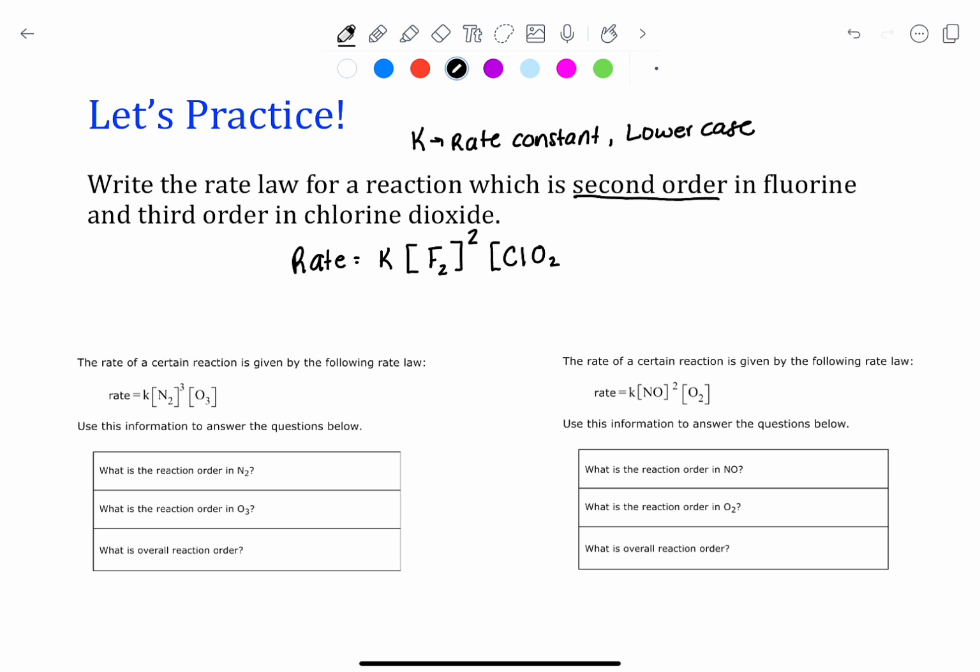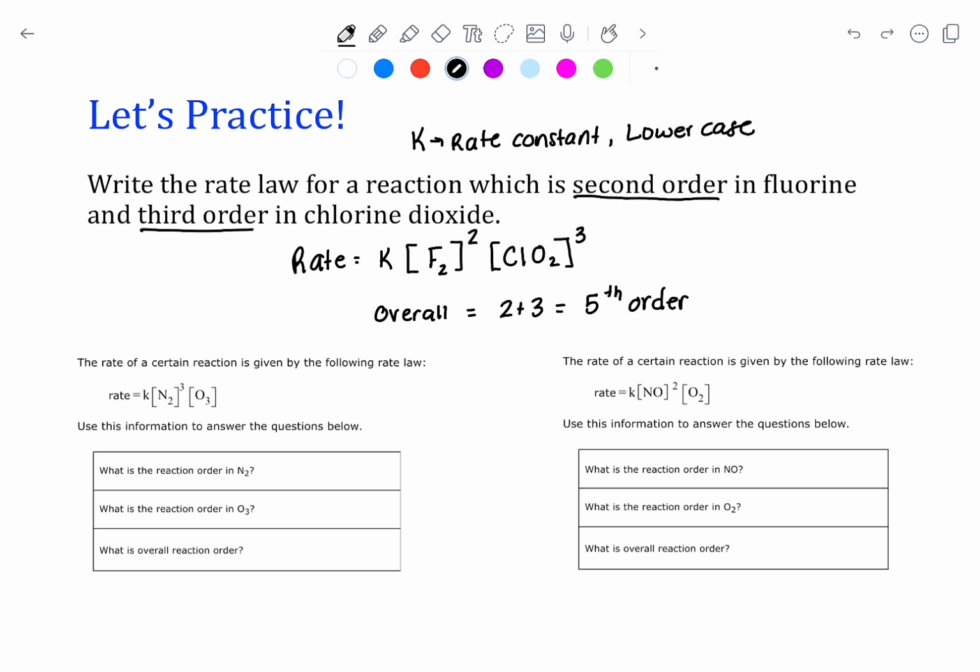Remember, dioxide is 2 oxygens. And that is third order in chlorine dioxide, meaning it is raised to the 3. So the overall reaction order, not that it asks, but it's always good to get the extra practice, would be 2 plus 3. Oops, doing my math early. 2 plus 3, so this is fifth order overall for that reaction.